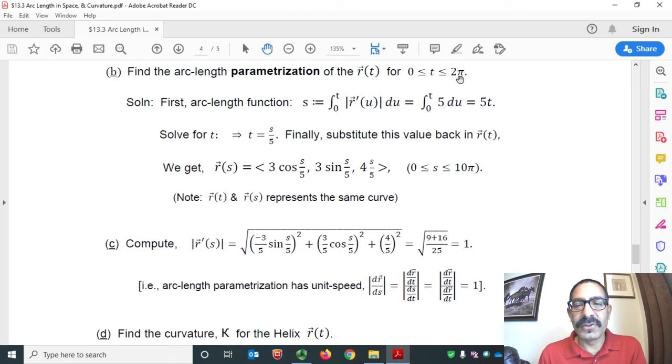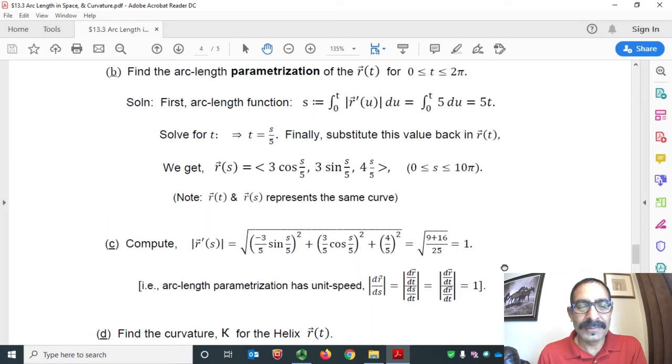Since t is 0 to 2 pi, when t is 0, s is 0, and when t is 2 pi, s equals 10 pi. I hope this makes sense to you. By the way, note that both of these representations, one in terms of the parameter t and one in terms of arc length s, are the same curve. I hope this makes sense to you all.